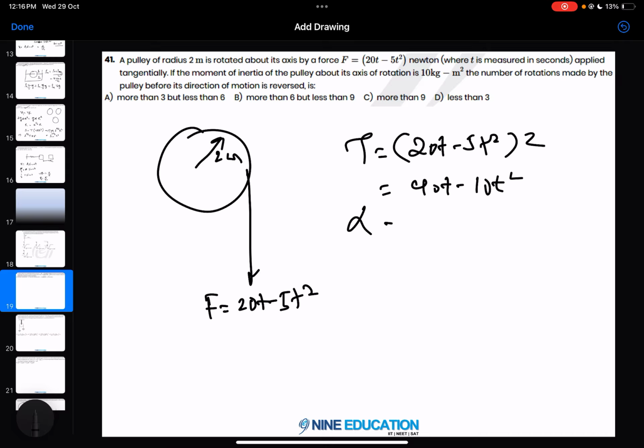So what is torque or what is alpha? 40t, and it is given I is 10, so 4t minus t square. Now when you integrate this, you're going to get omega, so which is going to be t square by 2, so 2t square minus t cube by 3. Now when will it change its sign?